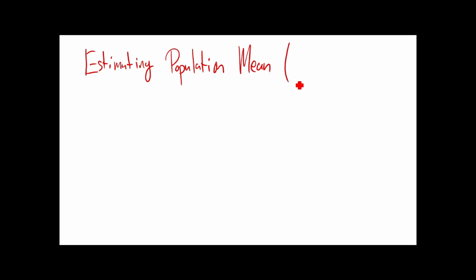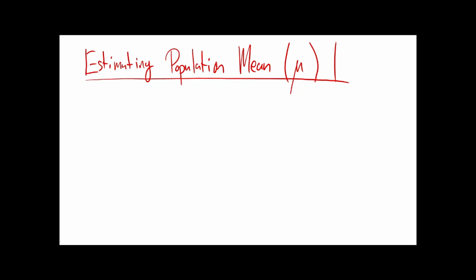So what if our goal is not to estimate a proportion P? What if my goal is to estimate a population mean mu? So we've talked about two main types of statistics here, proportions versus means.